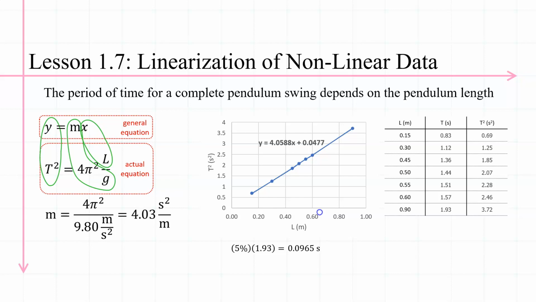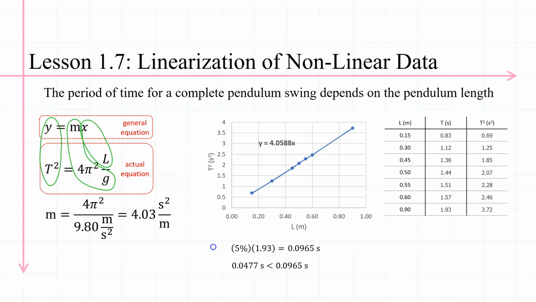And let's see how that compares to our slope-intercept equation. The y-intercept there is 0.0477. Ooh, it's less, not by a whole lot, but it is less than 5% of the largest y-axis value from our original data set. So we can, in fact, exclude that 0.0477 value, and now we have a proportional relationship between the period squared and the length of a pendulum.